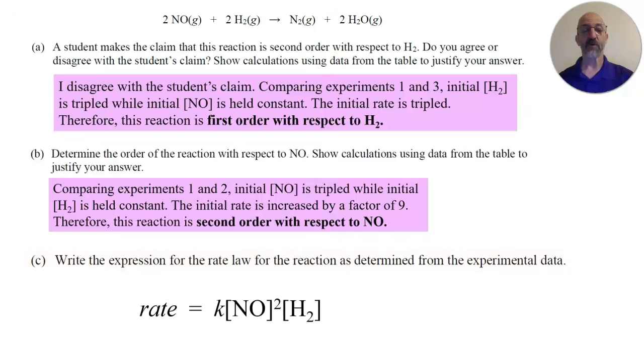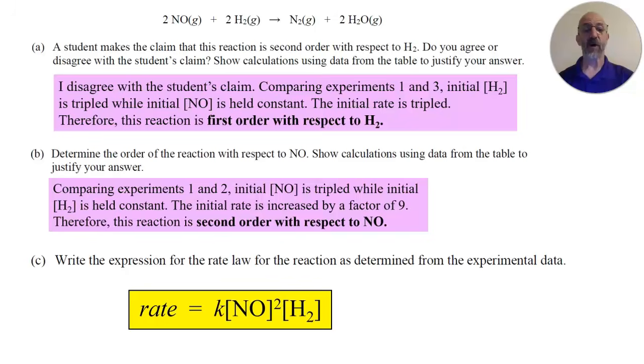As you can see, I wrote rate equals the rate constant k times the concentration of nitrogen monoxide squared, because this reaction is second order with respect to nitrogen monoxide, and then times the concentration of hydrogen, which again would be raised to the first power. That's understood because this reaction is first order with respect to hydrogen. So there's my answer for the rate law for part C.